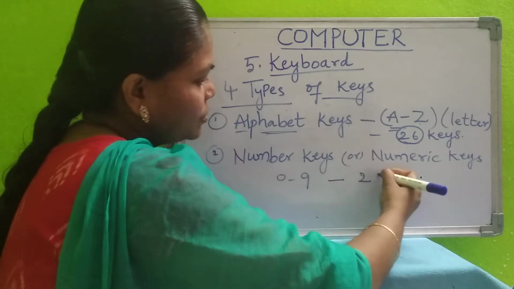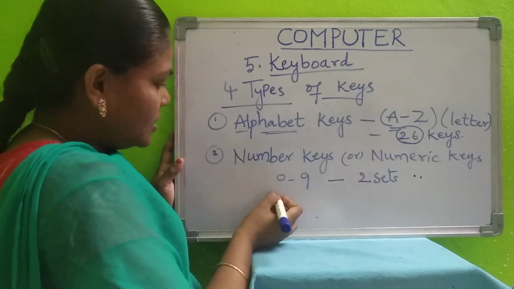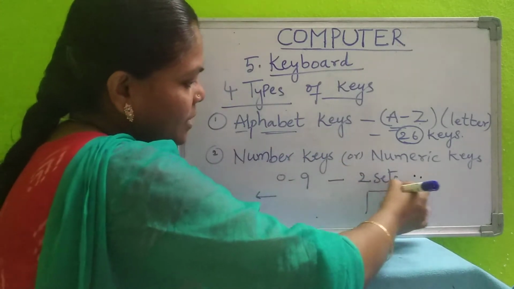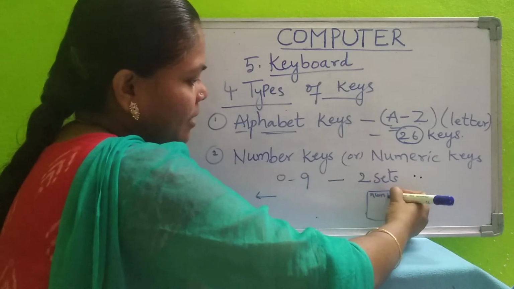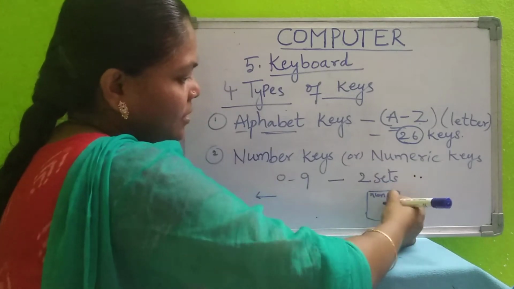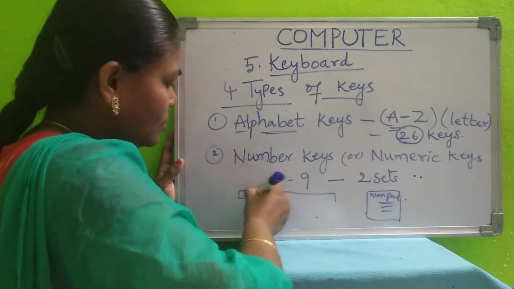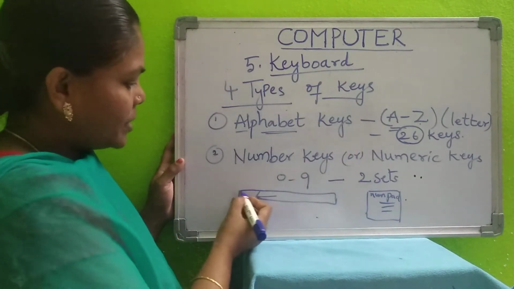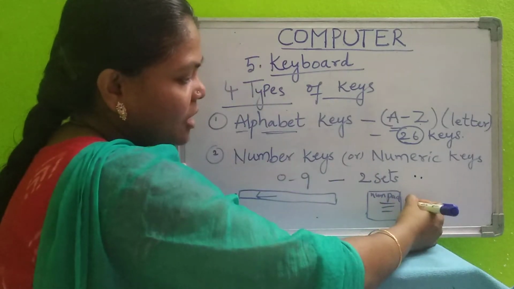How many sets? 2 sets of number keys on the keyboard. One is at the right side and one is at left side. Here numpad, or number pad, is there. On the keyboard left side one set of number keys and right side one set of number keys are there.